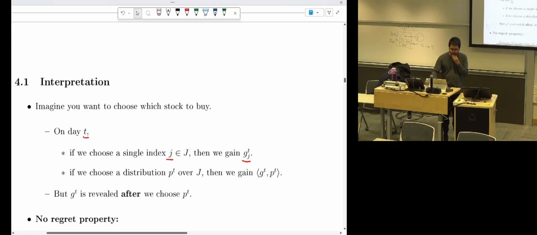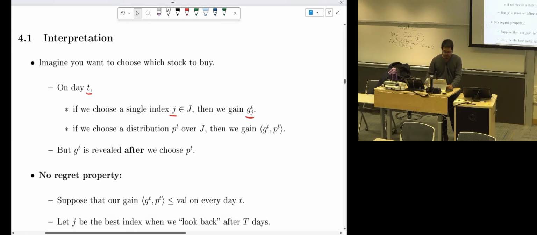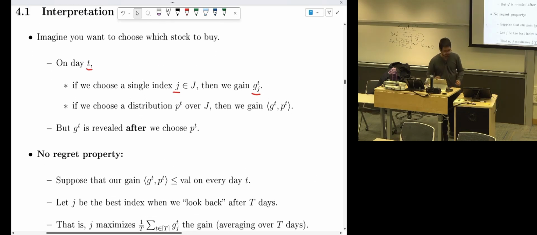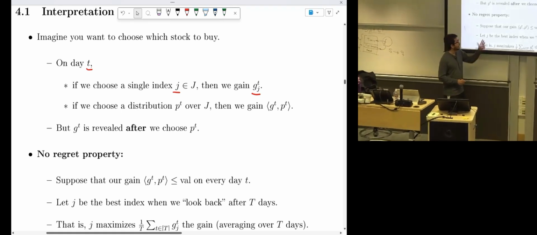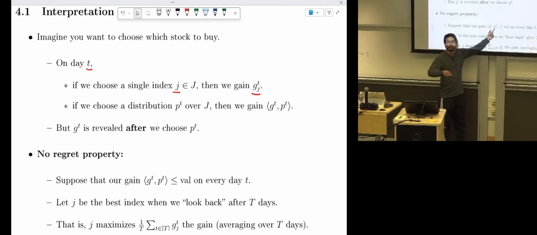But what do we guarantee? What this thing says is that basically we have no regret. In what sense? Suppose that you choose distribution PT, this is how we choose stock on each day.